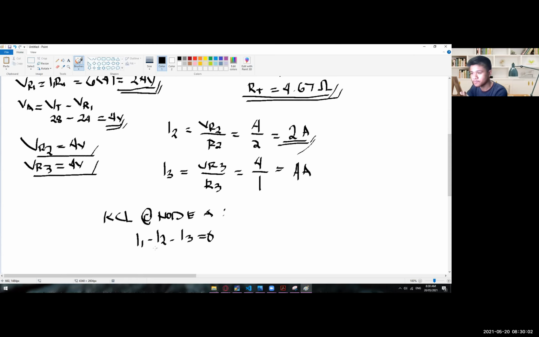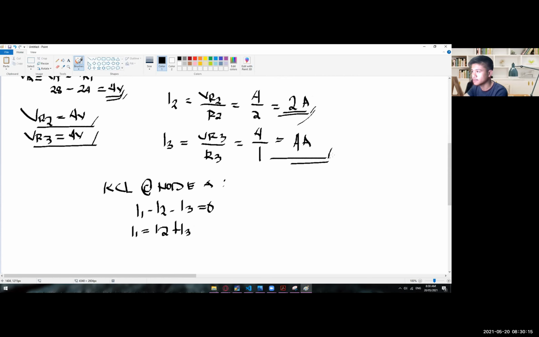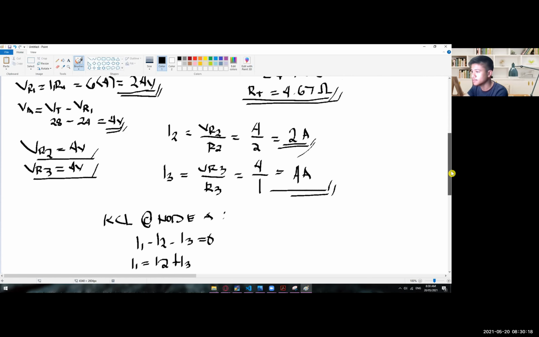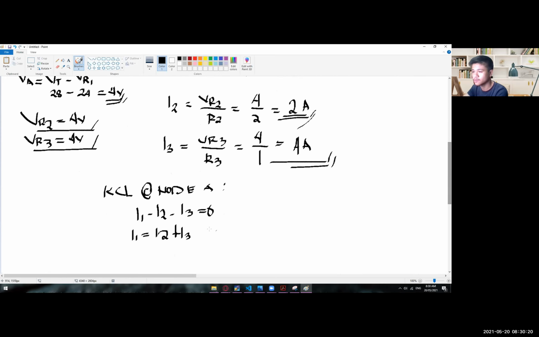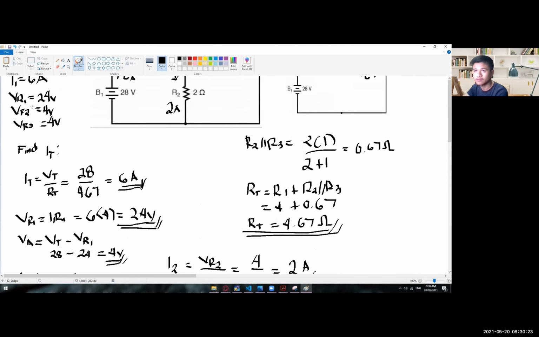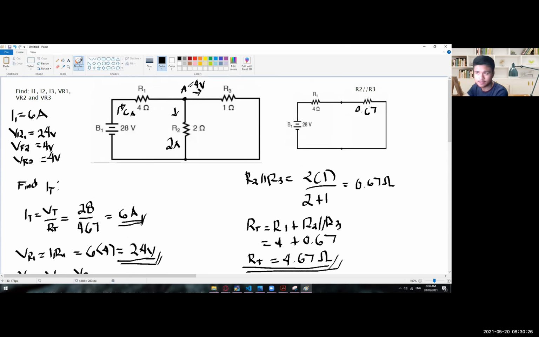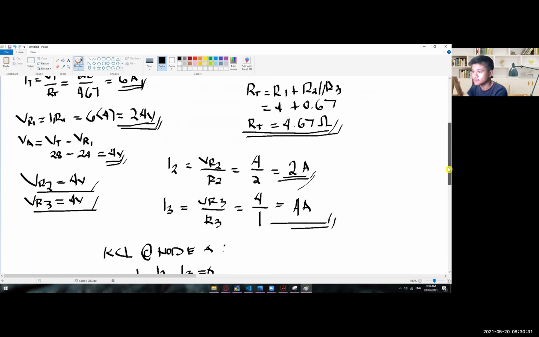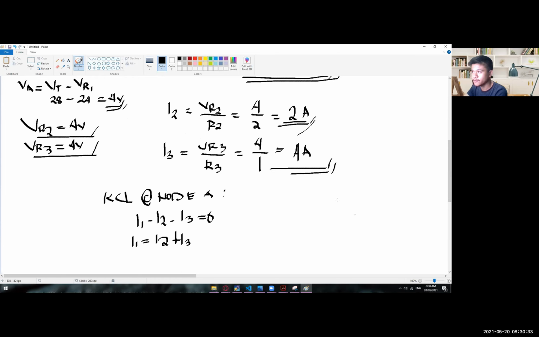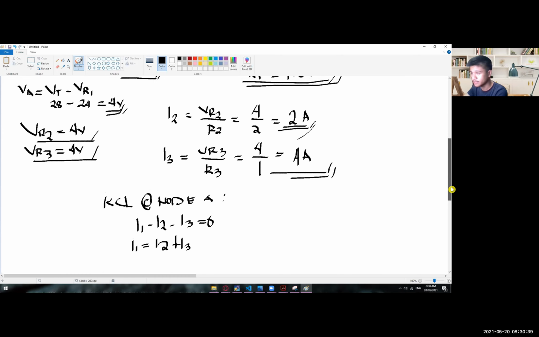If you transpose this I2 and I3 to the other side, you will have I1 equals I2 plus I3, which is actually correct. So I2 is 2 amps and then I3 is 4 amps. So 2 plus 4 is 6, which is equal to our I1 or I total. So there you go. So were you guys able to follow on how we got those individual currents and individual voltage drops?